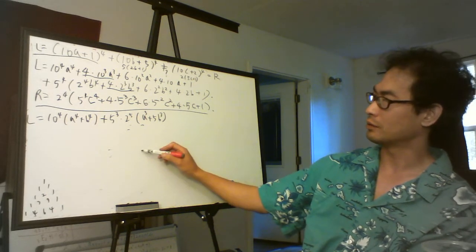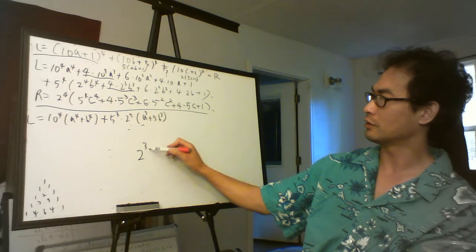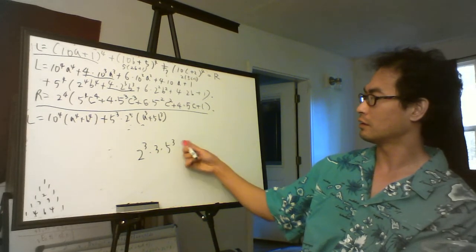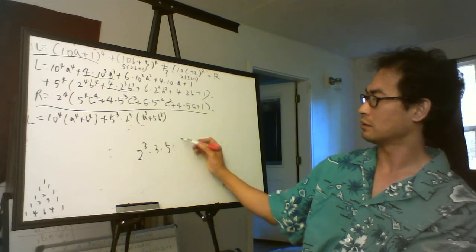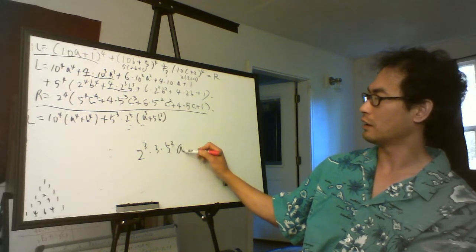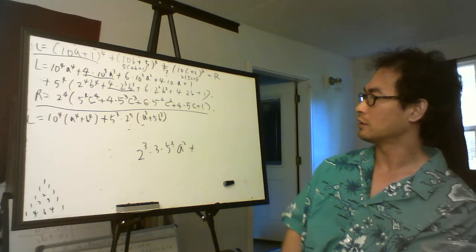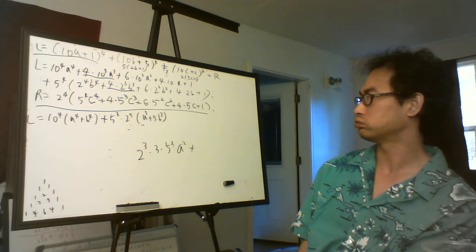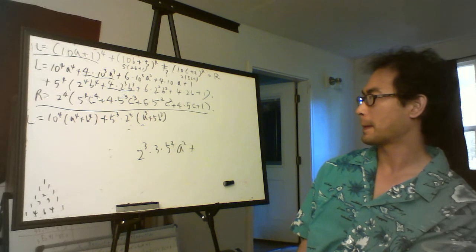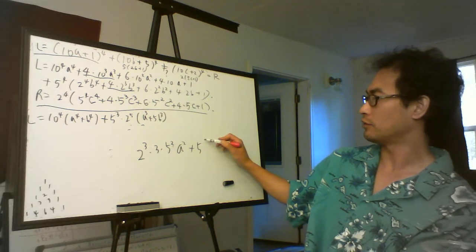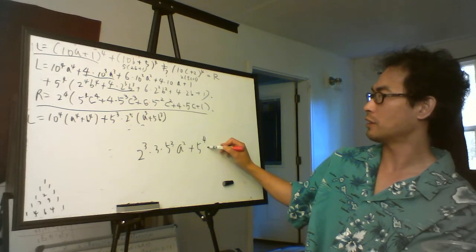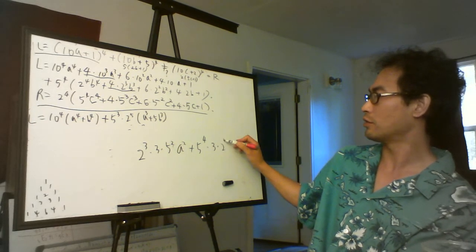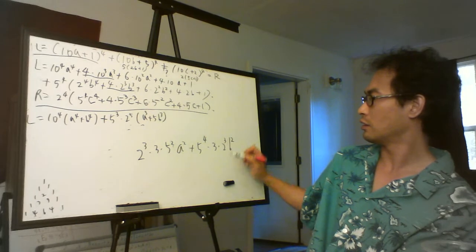Okay, 2 to the third times 3 times 5 to the second, okay, a squared plus 5 to the 4th times 3 times 2 to the 3rd b squared, okay?